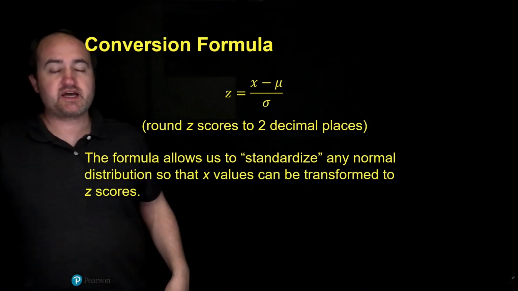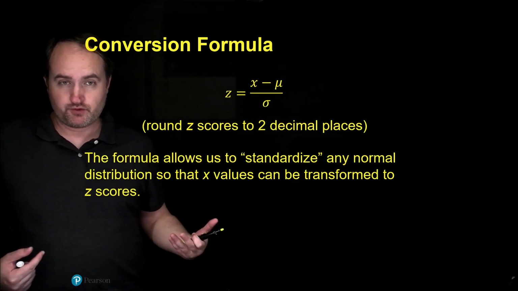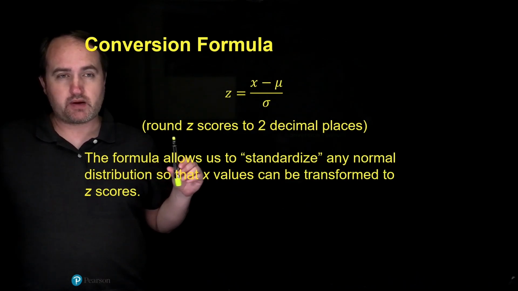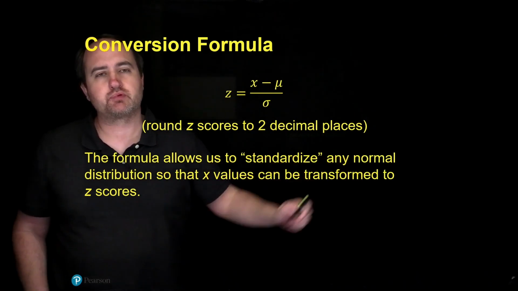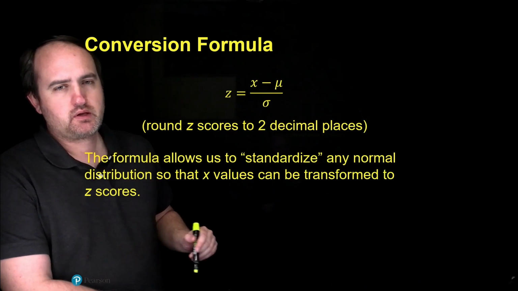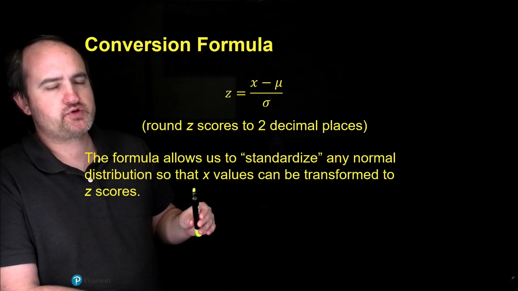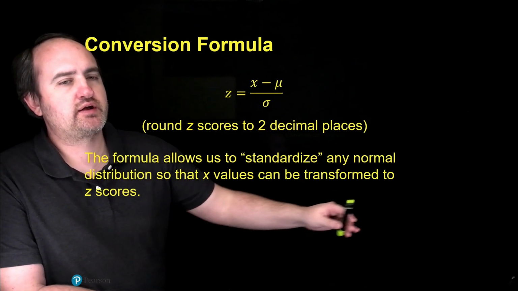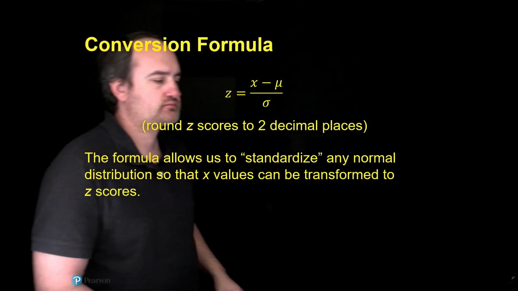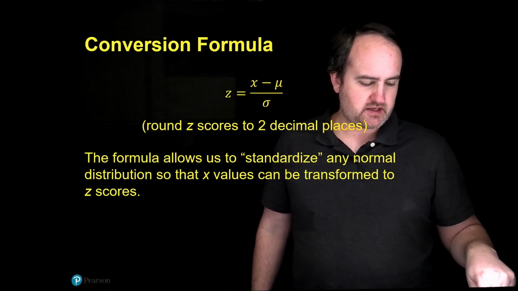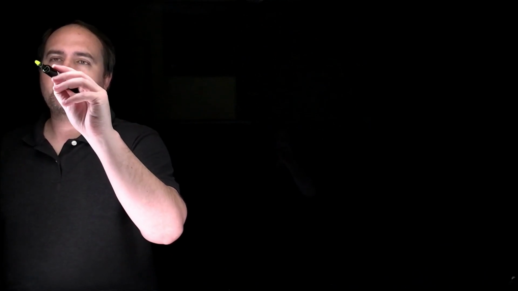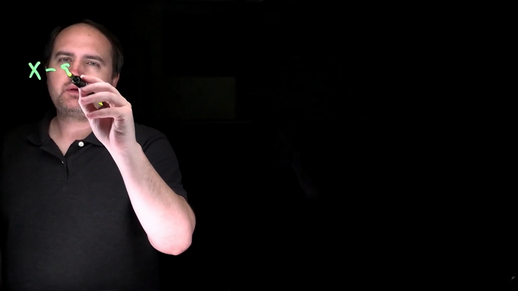Because I'm going to be teaching using table A2, we want to always round our z-scores to 2 decimal places. This formula allows us to standardize any normal distribution so that x values can be transformed to z-scores. To summarize this process, what we're starting with in this section is an x-score.